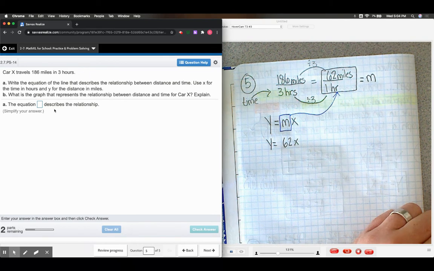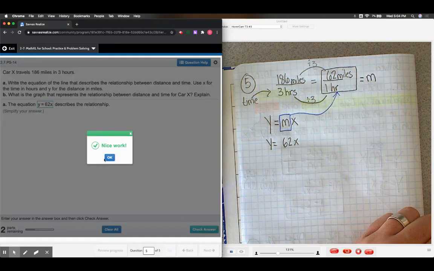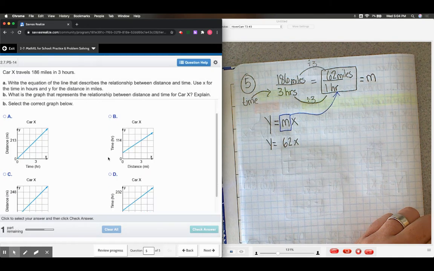And let's check that out for part A. Remember, sometimes if it's over 1, they don't like that fraction, so put it as a whole number. Bada bing, bada boom.